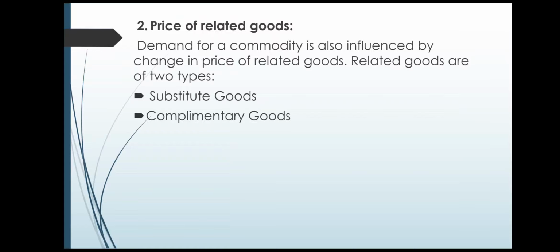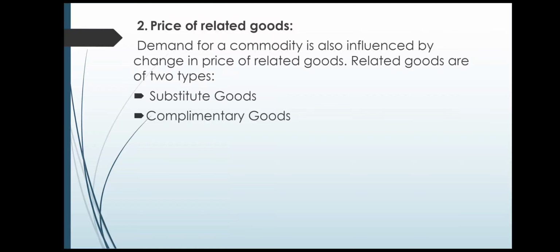And unrelated goods are those when there is a change in a price of one commodity which is not leading to change in demand of the other commodity. Those are unrelated goods. So over here, price of related goods are very important. It is one of the determinants.